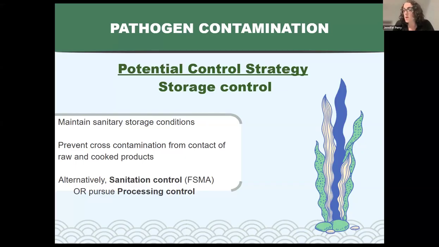So especially if we are applying a processing control, we want to make sure that that finished product is not coming near raw product, which may be entering a facility with these organisms on it. Applicable only to FSMA, you can also look at sanitation controls, or alternatively, if this is a concern that you have, you can pursue a processing control, which is the subject of the next slide.